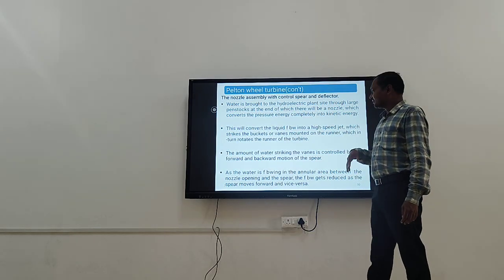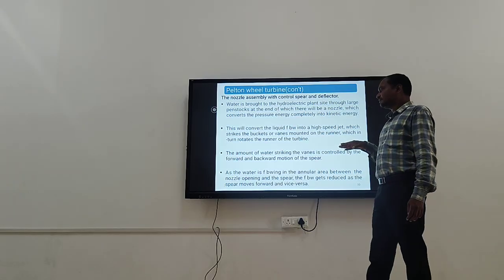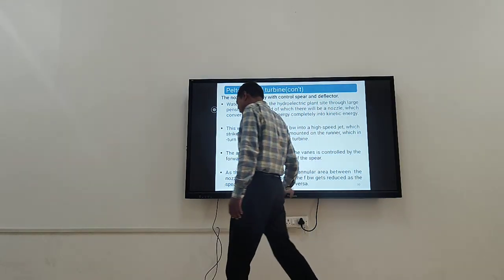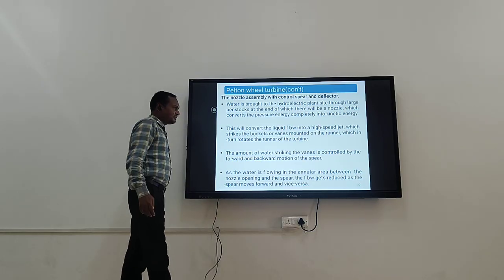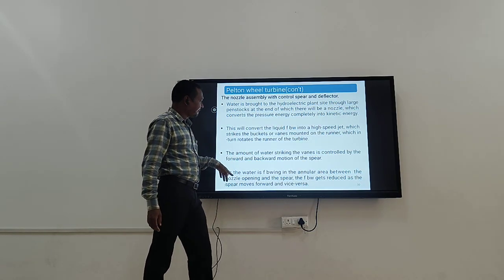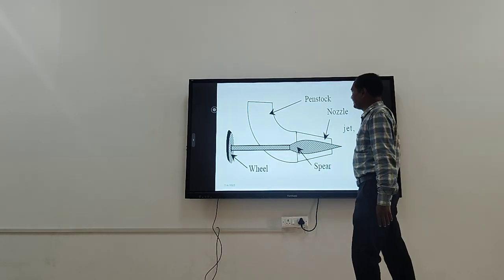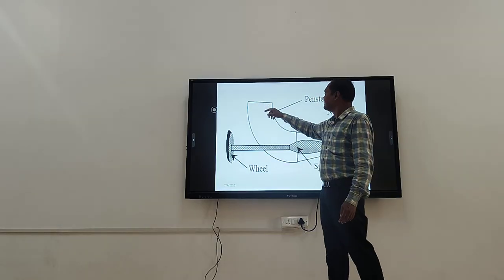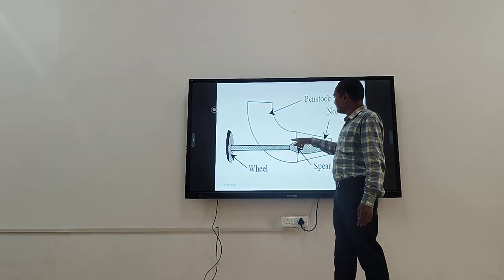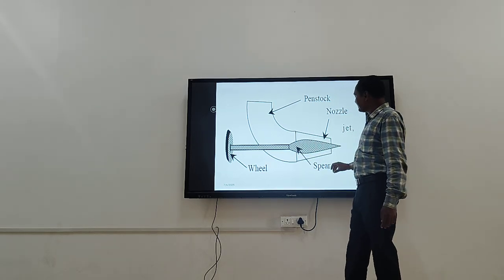Water flow rate is controlled by the forward or backward movement of the spear. We will see in detail on the next slide. What is a spear? See here. This is your penstock. The penstock carries water from the tank to the turbine. At the end of the penstock, the nozzle is fitted.